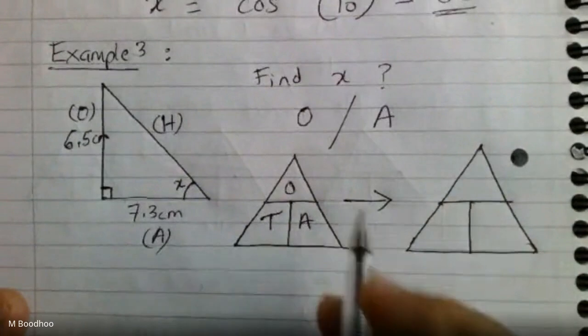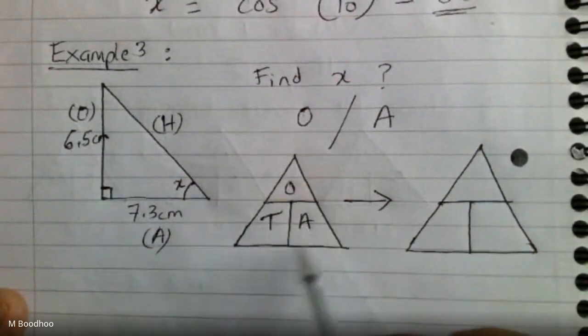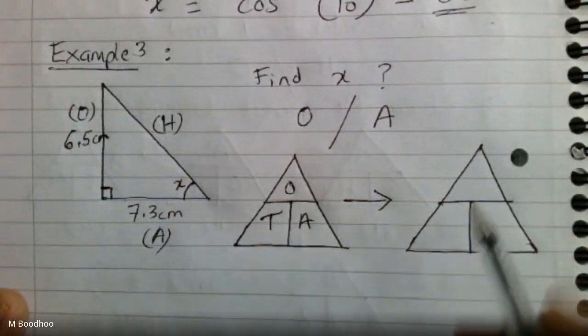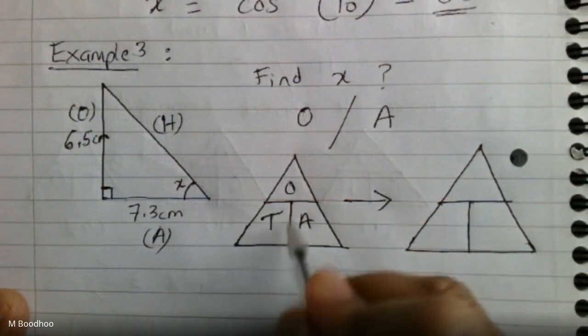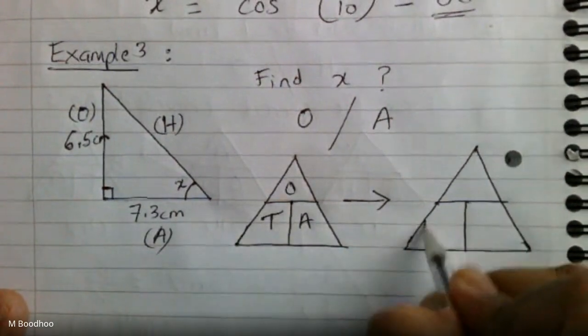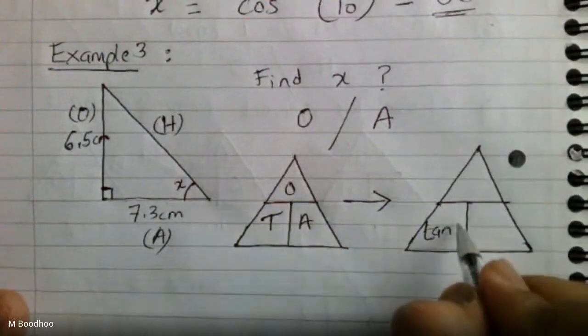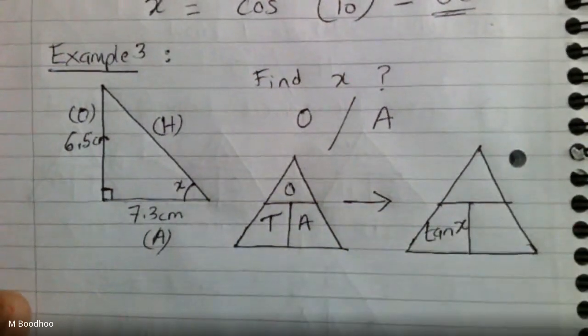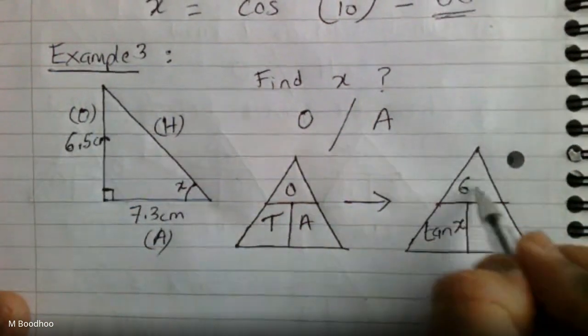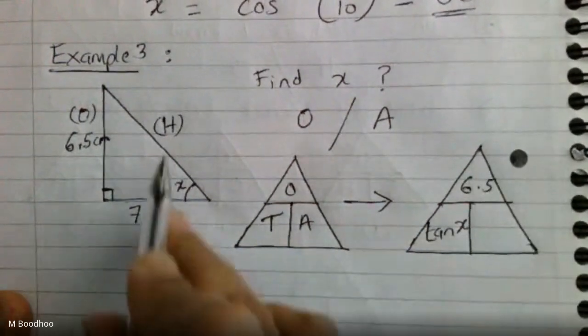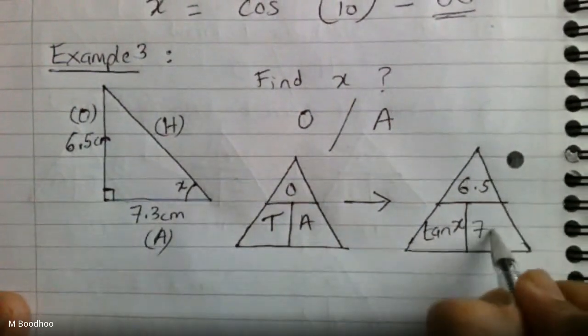Now, all you have to do is replace these values. Once you know which triangle ratio to choose, TOA, all you have to do is replace the values. So instead of writing t, I'm going to replace the value of t by tan x. So tan x. We're going to find x in a moment. And I'm going to replace the value of O by 6.5, and A by 7.3.